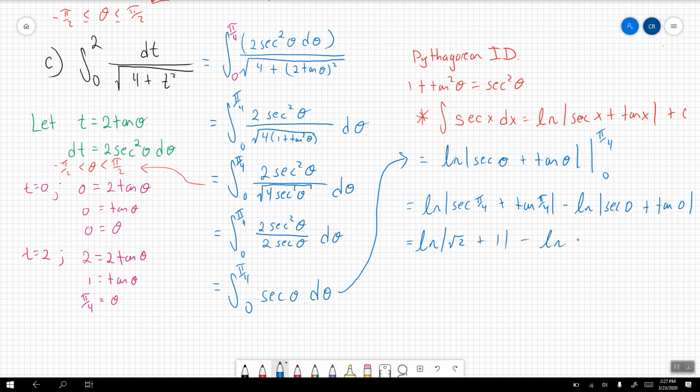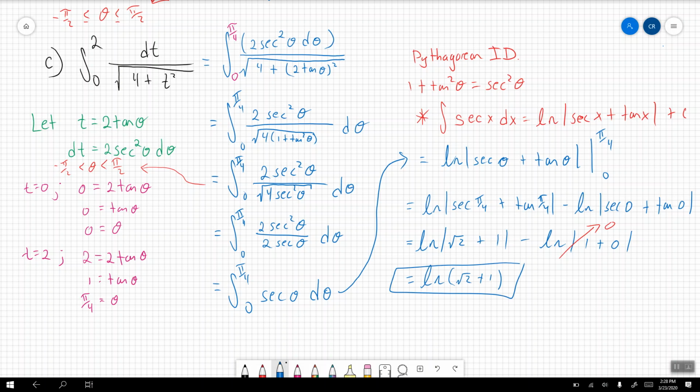Minus natural log secant of 0, that's 1 over cosine at 0. Cosine at 0 is 1, so that's 1 over 1, so it's just 1. Tangent of 0 is 0. Now you might say, hey, natural log of 1, that's just going to be 0, and you're absolutely right. And for the first term, we get the natural log of the square root of 2 plus 1.